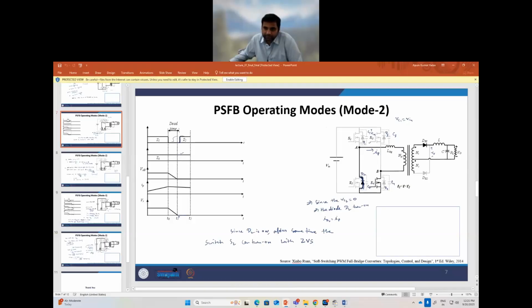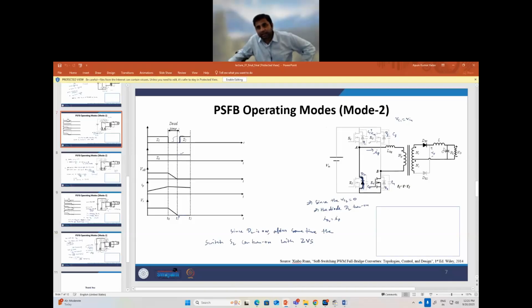Sir, sometimes I get confused. In this mode also we are saying that IP has very little ripple, and therefore we consider VL leakage to be 0. Yes. See, why have I taken the ripple on IP to be nearly 0? Because that is the reflected current of the output inductor.